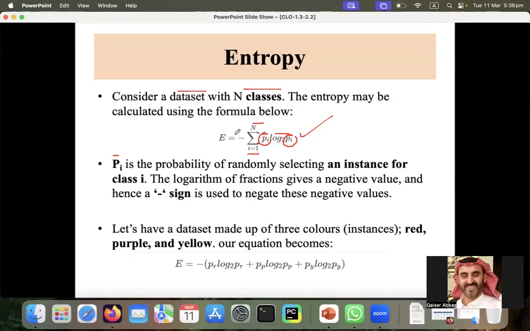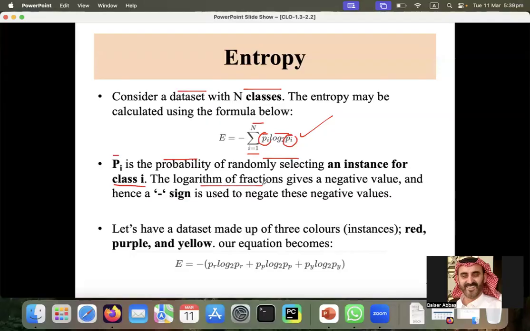It is the probability of randomly selecting an input for class i. For example, for p_1, you are selecting a row from the data set which is related to class 1. Similarly, you select another row from the data set which is for class 1. This is what p_i is.